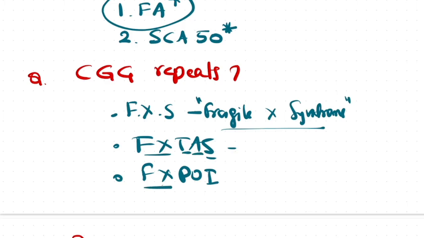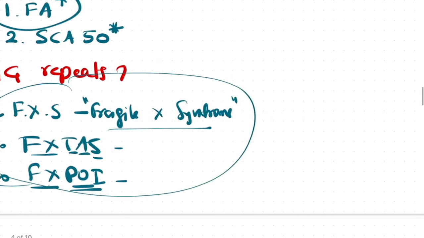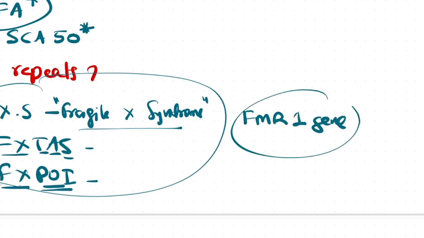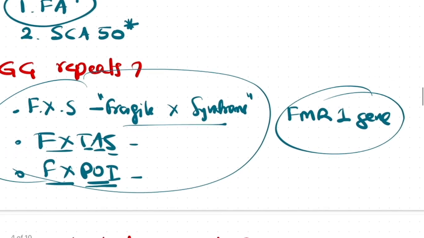FXPOI stands for Fragile X associated primary ovarian insufficiency. So these are the CGG repeat ones. What is the gene associated with this? This can be asked in the exam again. FMR1 gene, remember this. FMR1 gene is common for all of these: Fragile X syndrome, FXTAS, FXPOI.